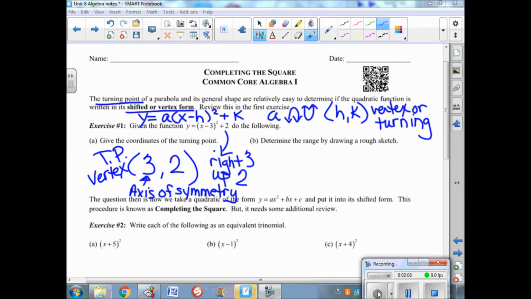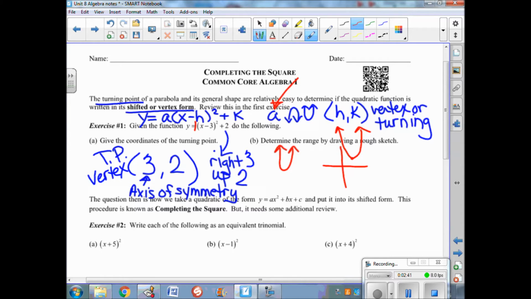Now it says determine the range by drawing a rough sketch. Well, we talked about in the beginning that the number in front of the parentheses, whether it's positive or negative, determines whether it smiles or frowns. When we look at our equation, we know that it's a positive 1, so our parabola is going to open up. Even more specific, we know that the turning point is at 3, 2.